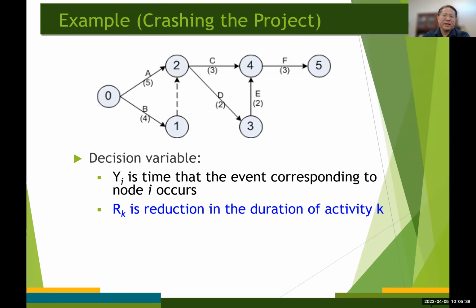So let's say R sub K stands for the changes in the amount of time in each activity K. So that's actually, in our case, the reduction in the duration of activity K, right? So for example, if I say R sub A, then refers to the reduction in the duration of activity A, right?